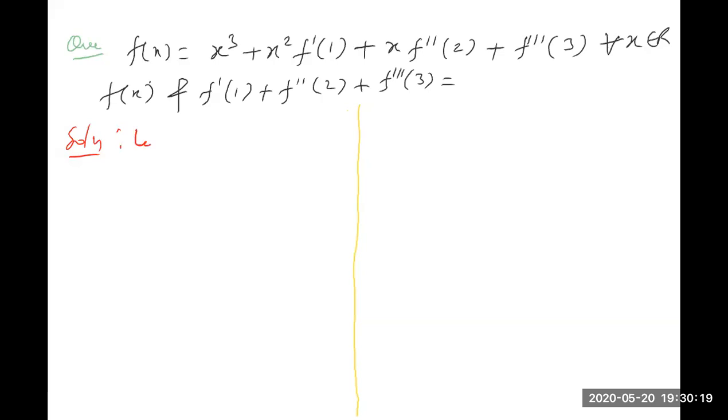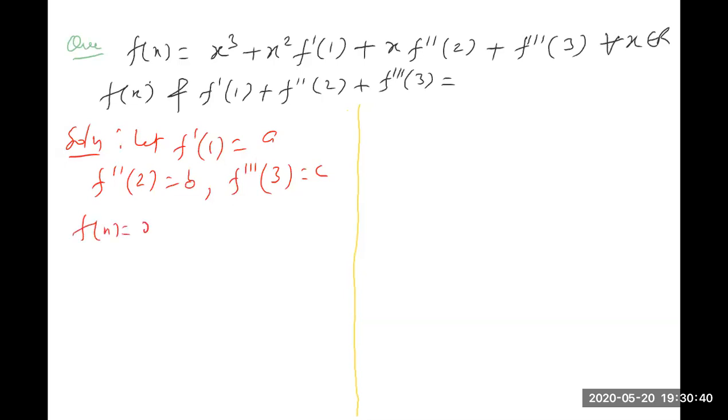So let f dash 1 is equal to a, f double dash 2 is equal to b, and f triple dash 3 is equal to c. So this equation I can write as f(x) is equal to x cube plus ax square plus bx plus c. First step.